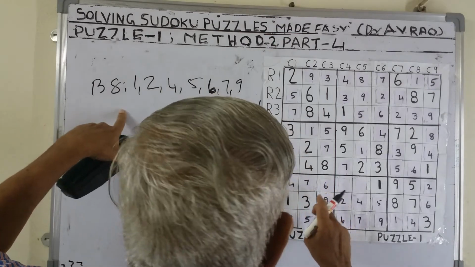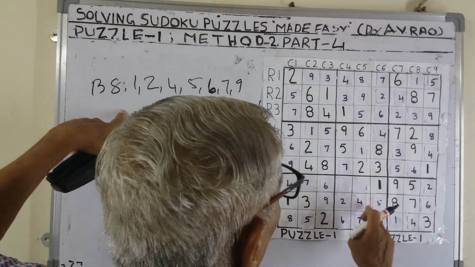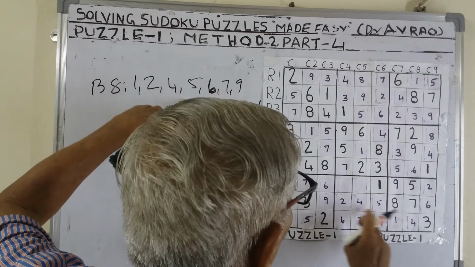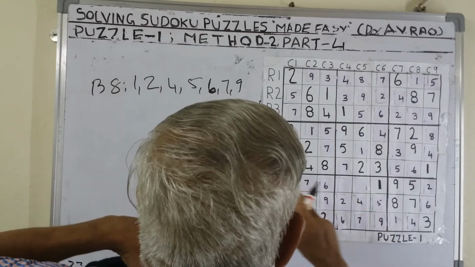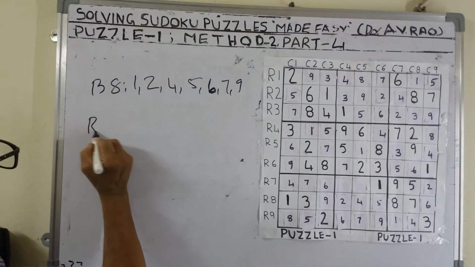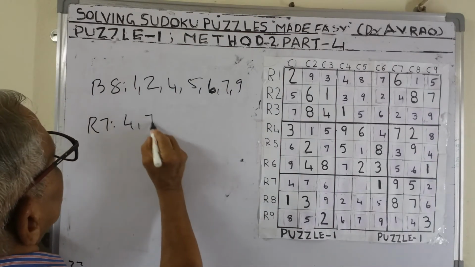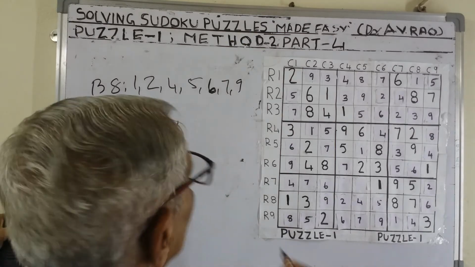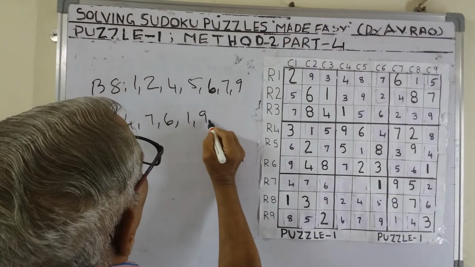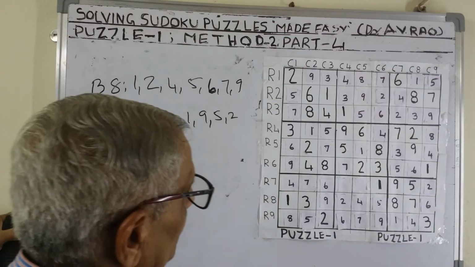Now let us take R7. What are all the numbers? 4, 7, 6, 1, 9, 5 and 2.